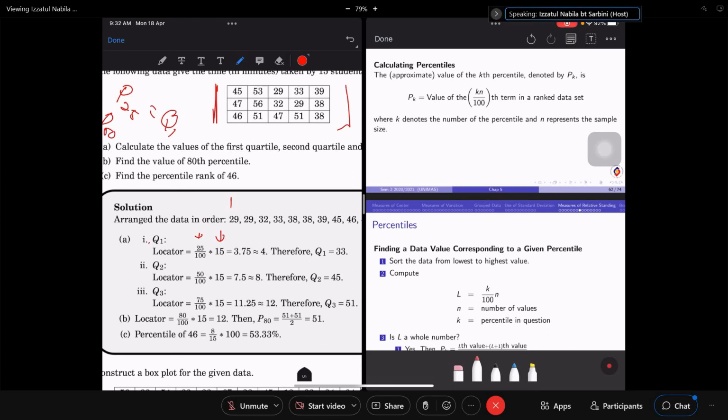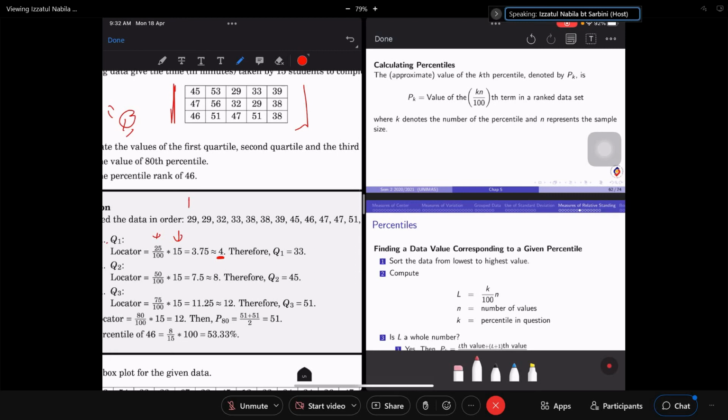Whenever your locator is a decimal, you always round up. So you get 4. The location of the first quartile is at position 4. So 1, 2, 3, 4, this is the first quartile, 33.